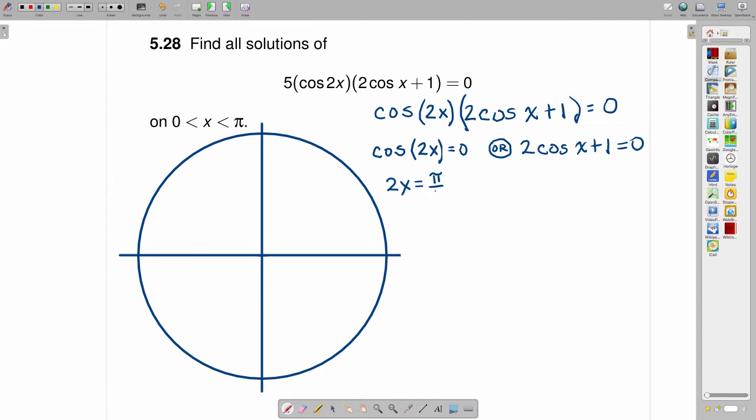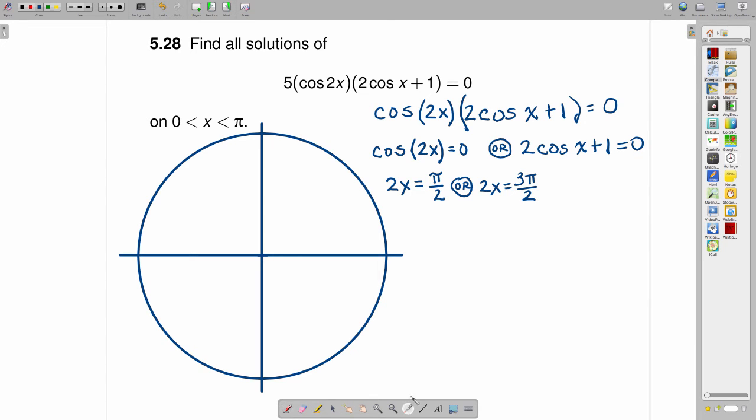But there is a second place where the cosine of some angle is equal to 0, right? Cosine starts at 1 here, goes to 0, to -1, and it's back to 0 here at 3 pi over 2. So the second thing you can do is come to this equation and write 2x is equal to 3 pi over 2.